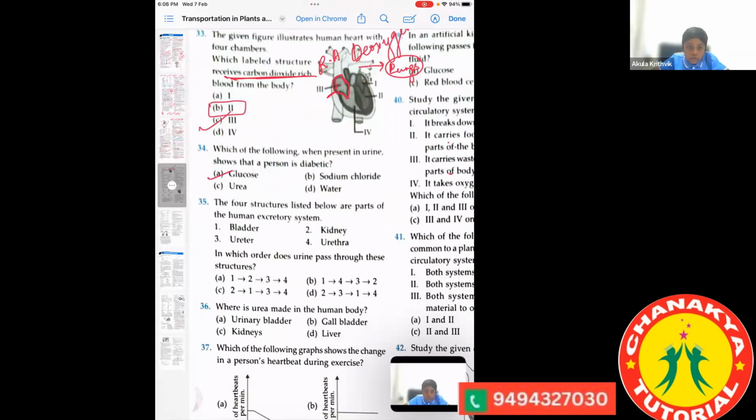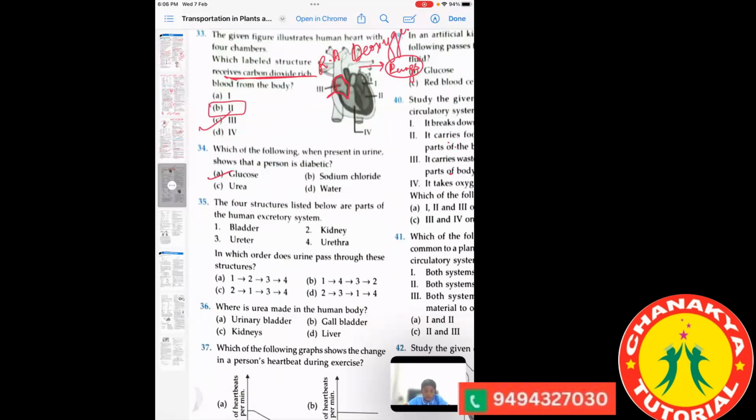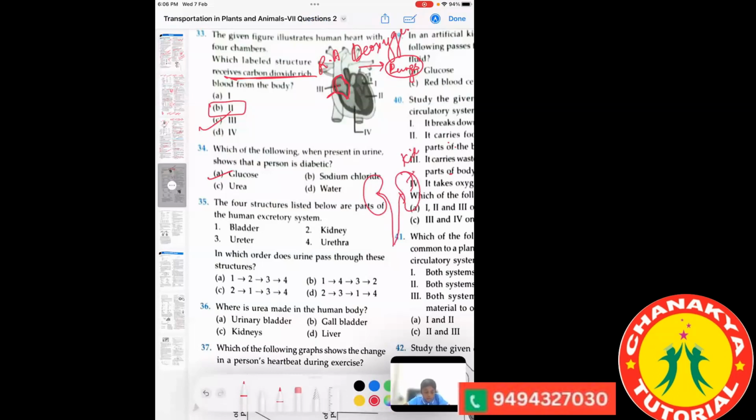The 4 structures listed below are parts of the human excretory system. Ma'am, I think it's C. Question number 35. Here they have given 4 parts: urinary bladder, kidney, ureter, and urethra. When I talk about the structure of the human excretory system, we have the kidney, right?